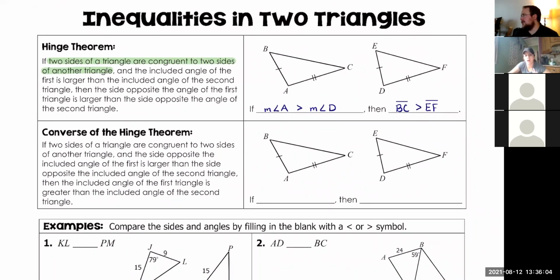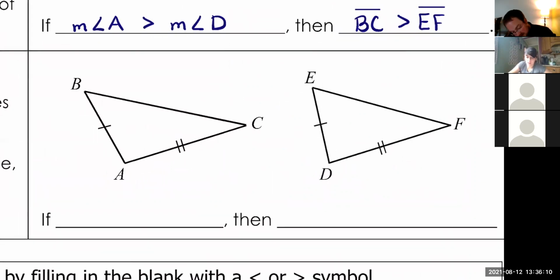Now, the converse of that theorem, also really wordy. I don't know why it has to be so wordy. Basically says the exact opposite. So in this case here, if you know that the side length opposite the included angle, so in this case BC, is greater than side EF, that is enough to say that the opposite angles are that same relationship.